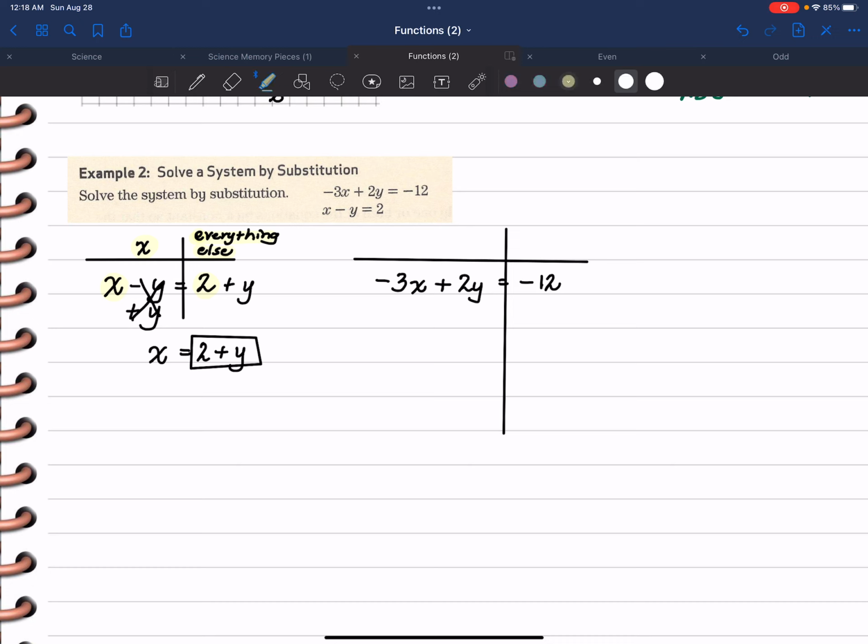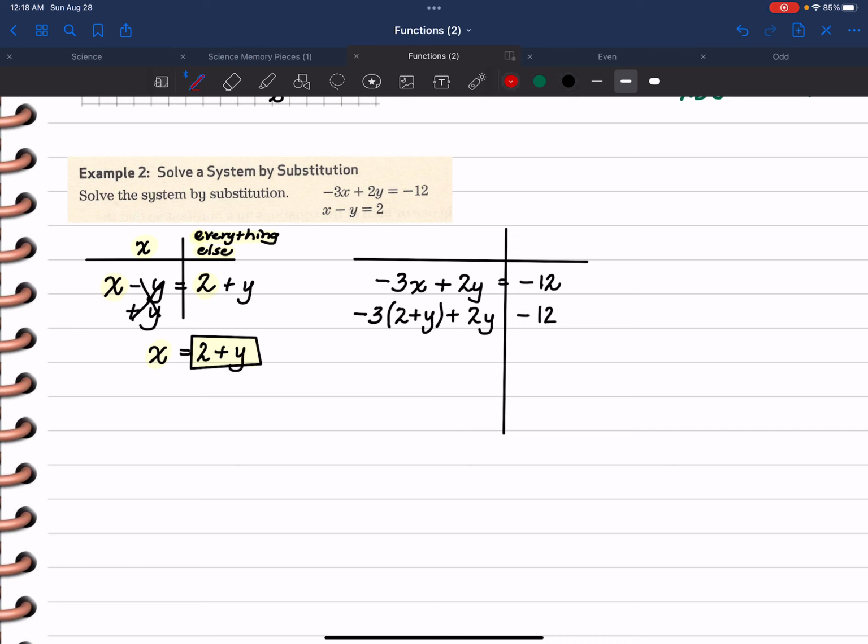So everywhere I see an x, I'm going to plug in this amount because it's the same thing as x. So here I'll say negative 3 times 2 plus y, plus 2y equals negative 12.